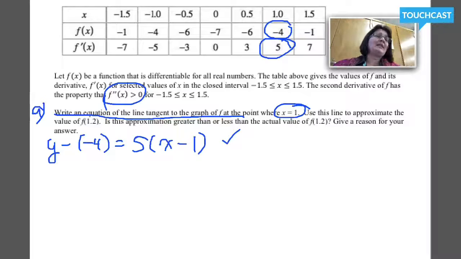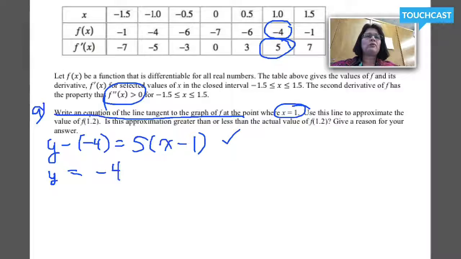I'm supposed to use that tangent line to approximate f of 1.2. At this point, I like to have a function, which means I like to have y isolated on one side. So I'm going to rewrite that. It's not technically required, but I think it makes the notation a little easier here. So y is going to equal, that was subtracting -4, which means I'm going to have to add -4.